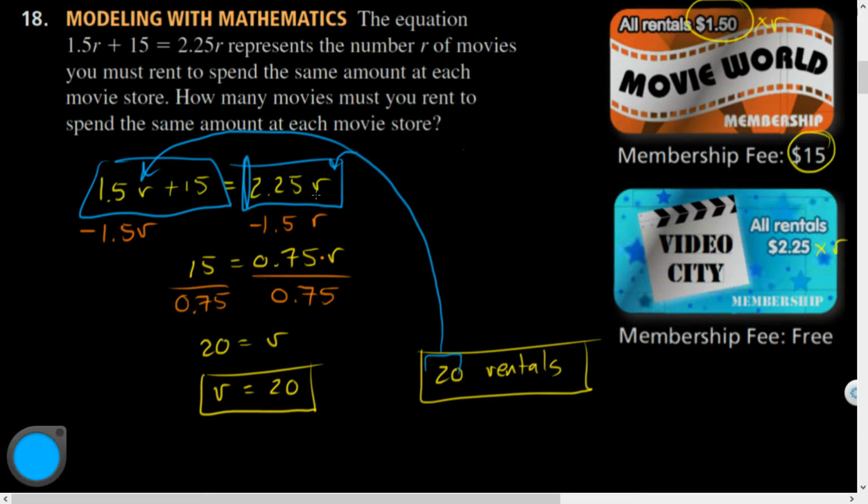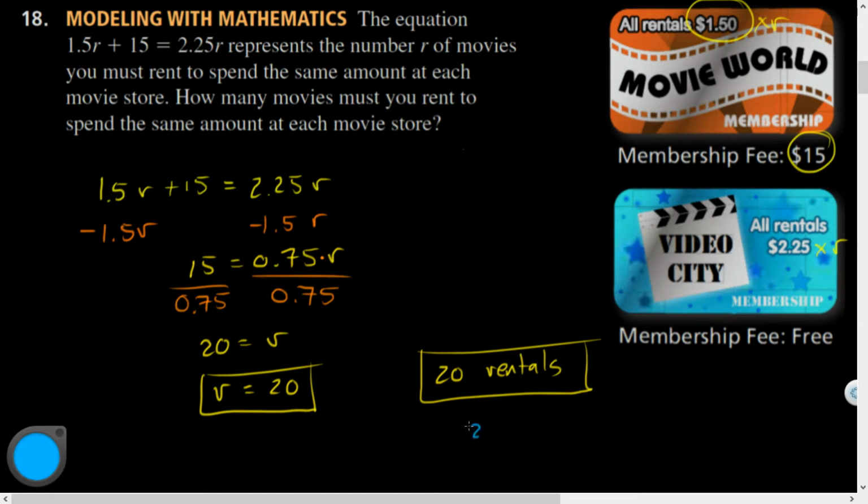Either of those will give me the same thing. So 20 times 2.25, what's that going to be, $45, I think? 2.25 times 20. Yes, $45 is what it actually costs to rent those 20 videos.